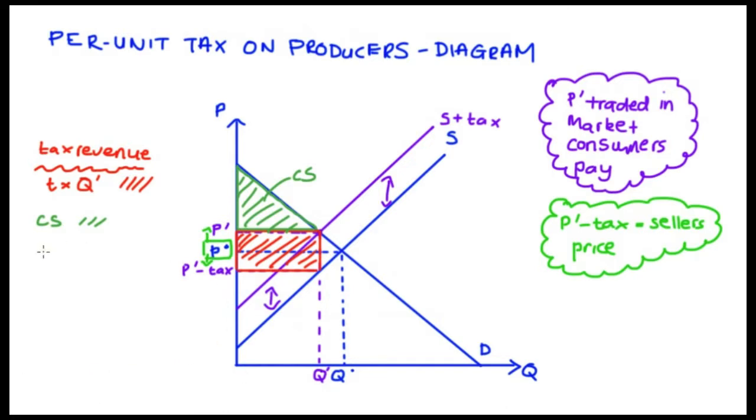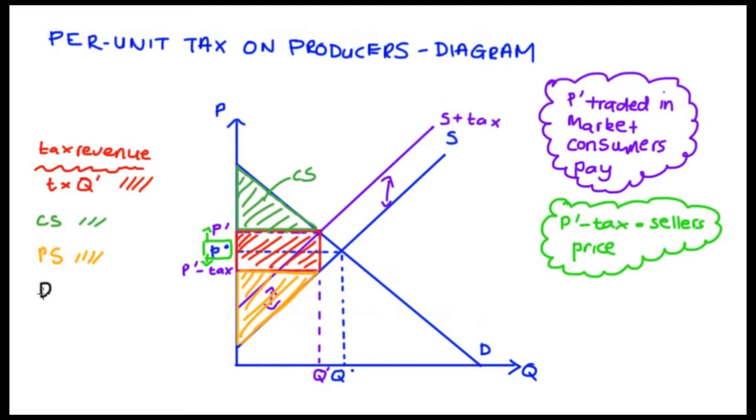We know that the price that the suppliers are getting per unit is P prime minus tax. Since the true supply curve, which represents the marginal cost for each quantity for the firm, hasn't changed, I'm going to isolate the producer surplus by looking above the original supply curve, below the price minus tax.